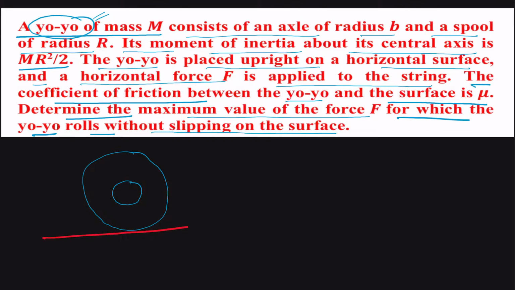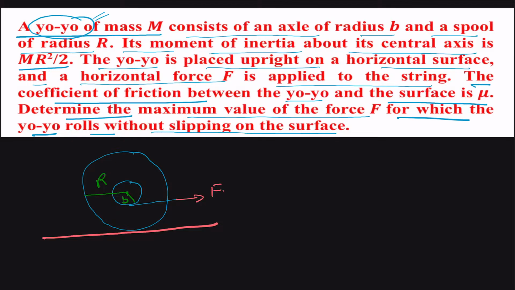And this is the surface. We are given that b is the radius of the inner one and r is the radius of the outer part, and we have a thread on which a force F is being applied. So force F is being applied to this end.